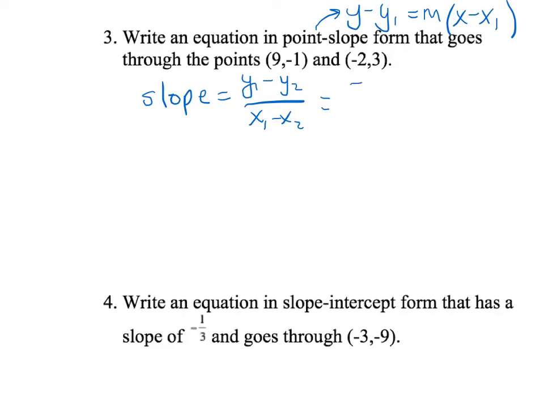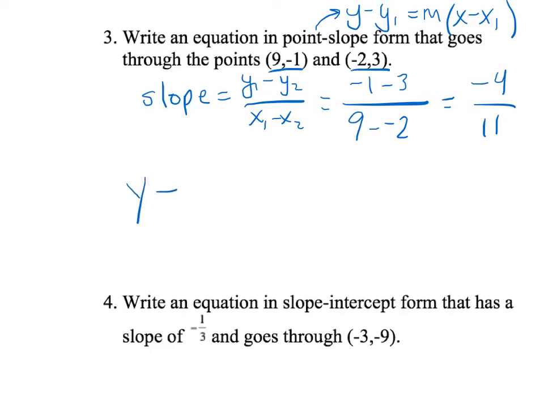So y1 is negative 1, y2 is 3, x1 is 9, x2 is negative 2, so this is negative 4 over 11.